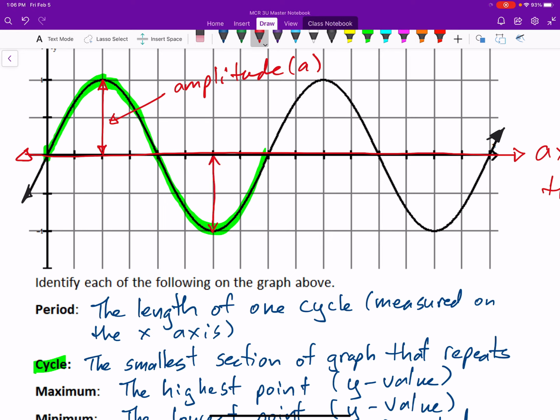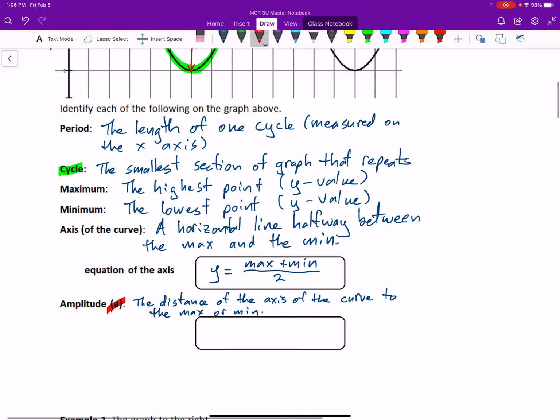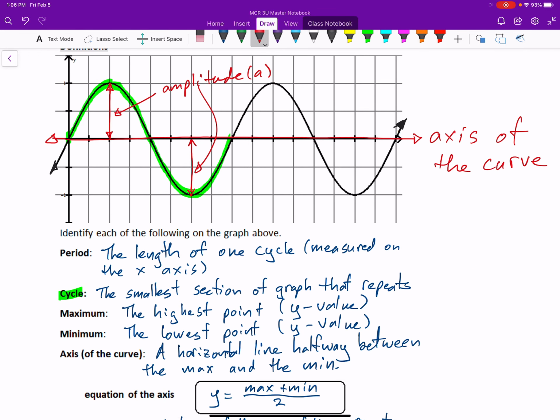Those are going to be the same, aren't they? Since the axis is right in the middle, it doesn't matter whether I do the distance to the max or the distance to the min, they're going to be equal either way. And we can get an equation for that. It's half the distance between the maximum and the minimum, right? If this is the minimum here and this is the maximum here, the amplitude would clearly be halfway in between, or half the distance from the max to the min.